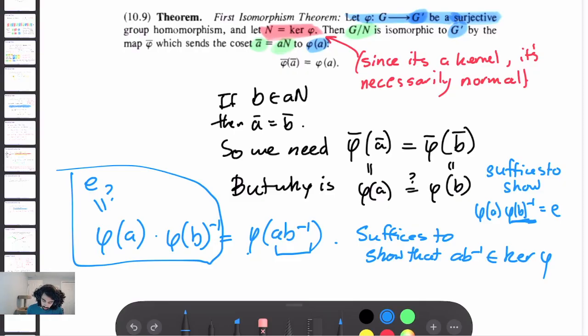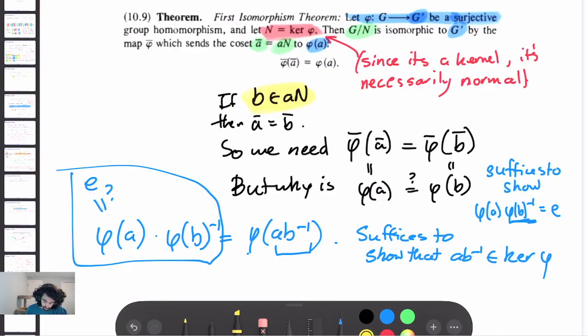Well, what you know from way back up here is that it's not that any two elements need to give you the same answer when you send them through phi bar, but it's precisely that the two elements need to be the same if they represent the same coset.